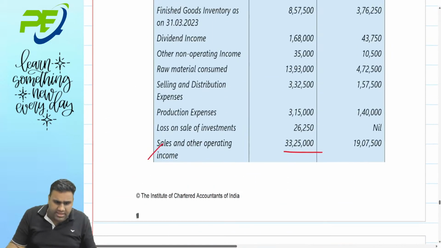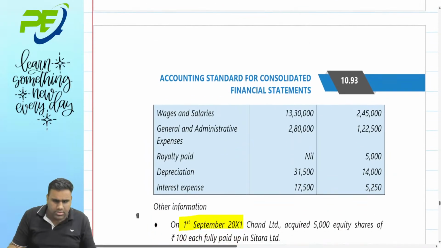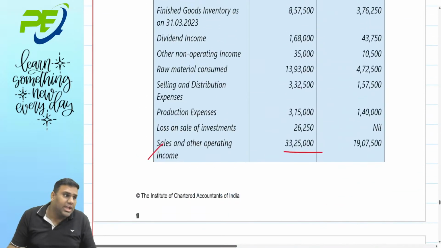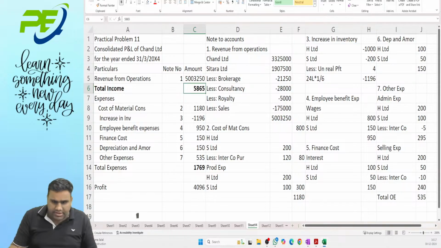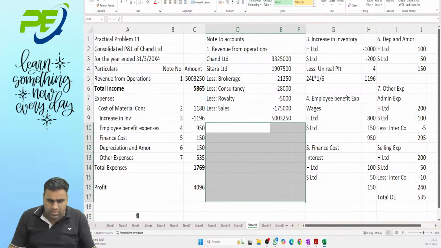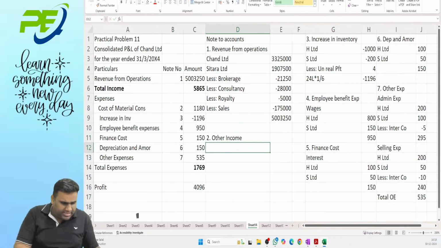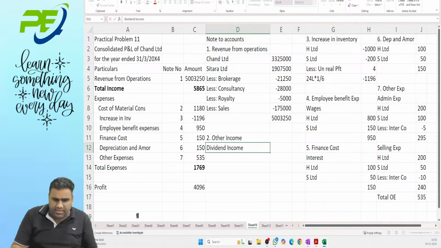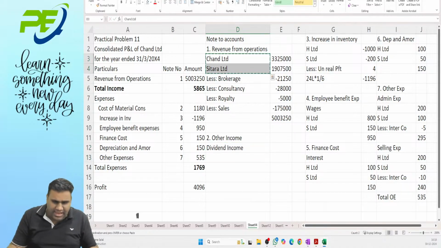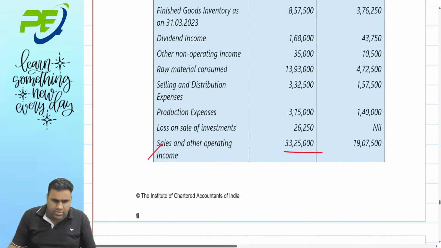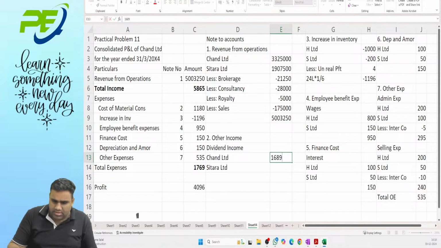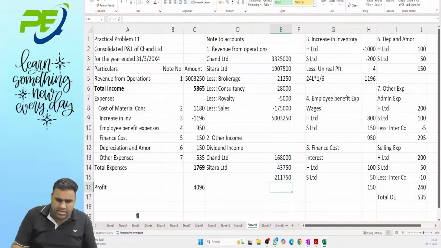Now, have they given other income? Dividend income, very good, they have given. So second, other income, in that dividend income, again Chand Limited and Sitara Limited: 1,68,750 and 43,000, total 2 lakh 11,750.